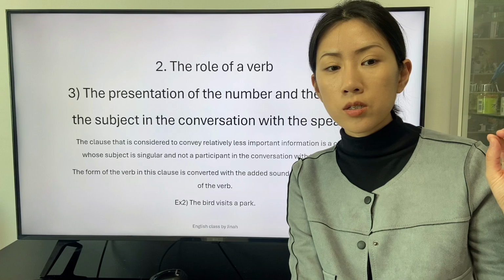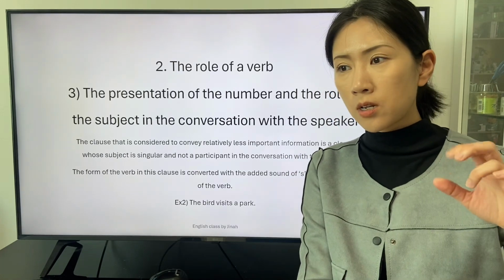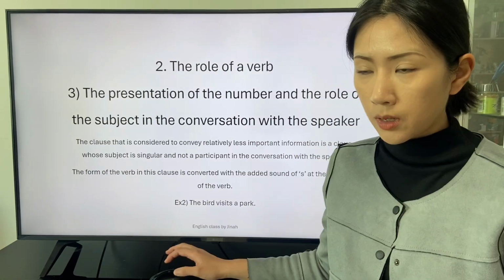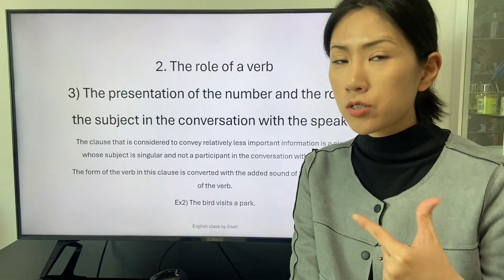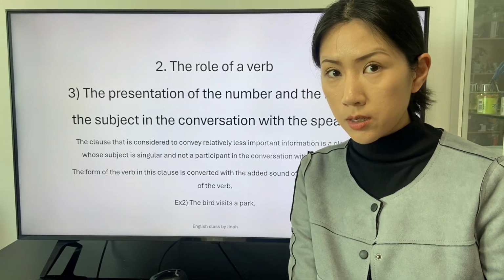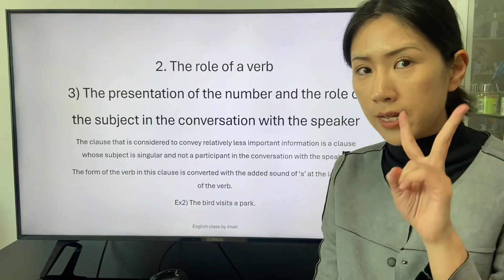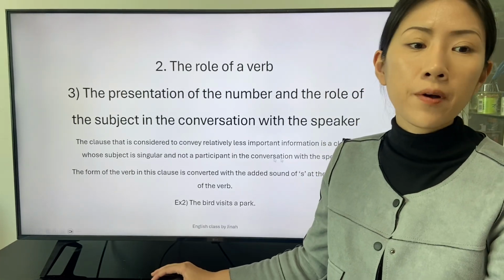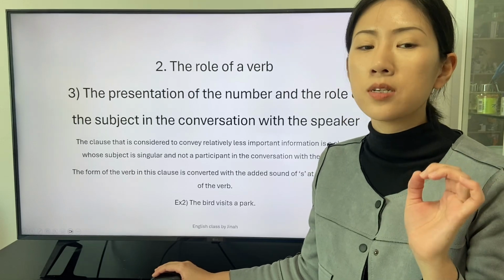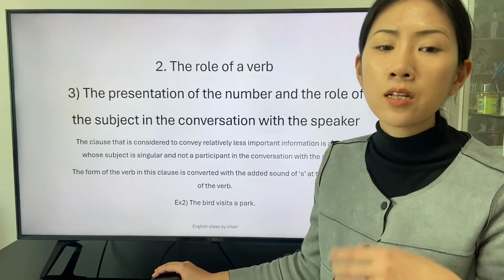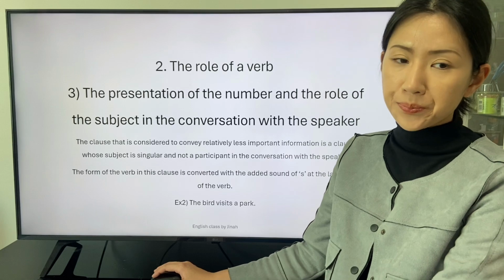The subject should meet the two necessities, and the verb signifies the subject. If the subject satisfies the two necessities, the form of the verb in this clause is converted with the added sound of "s" at the latter part of the verb.